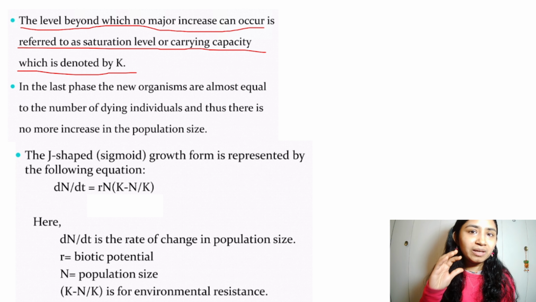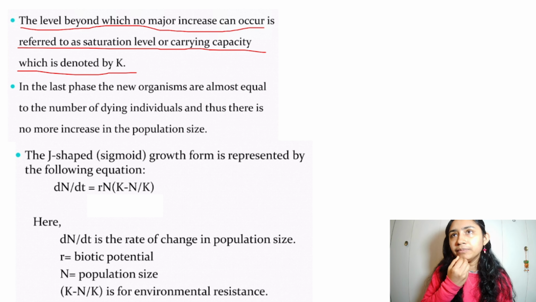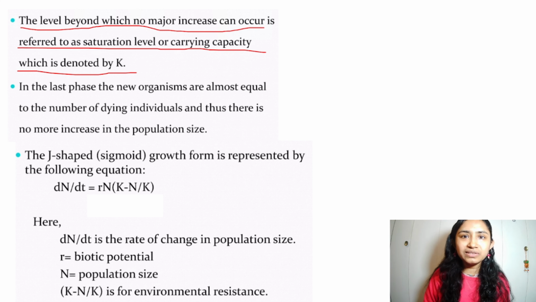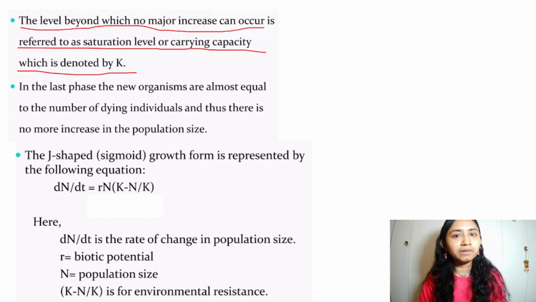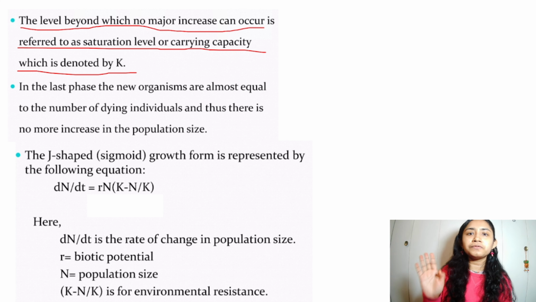Now, what is carrying capacity? Carrying capacity is denoted by capital K. For example, you are invited to a marriage party, and the host has organized the ceremony for 1,000 people. So his carrying capacity is 1,000 people. He can only afford food for 1,000 people.